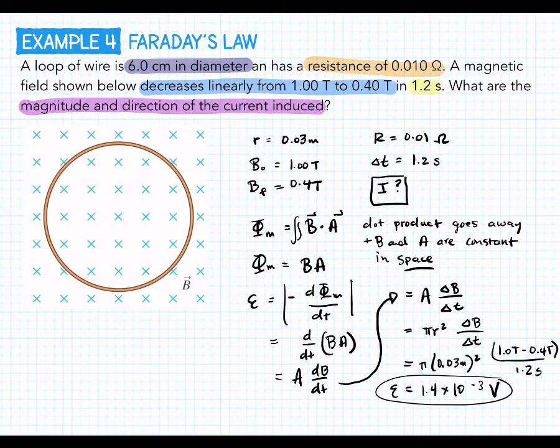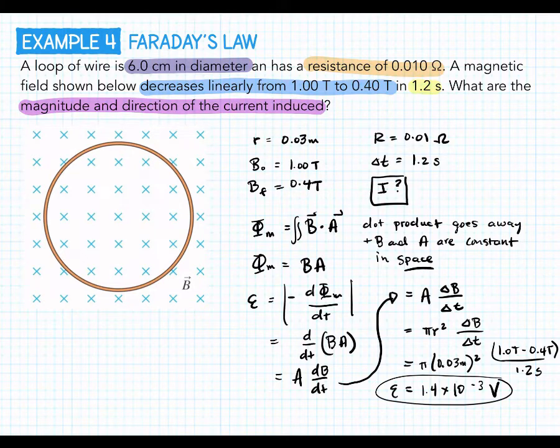Delta B is 0.4 minus 1, so negative 0.6, but we're taking the absolute value, so we'll call that 0.6 Tesla, divided by 1.2 seconds. Once again, this is negative, but we don't care.